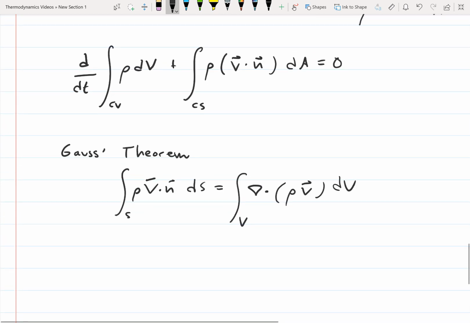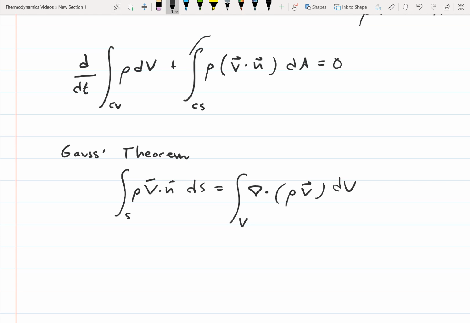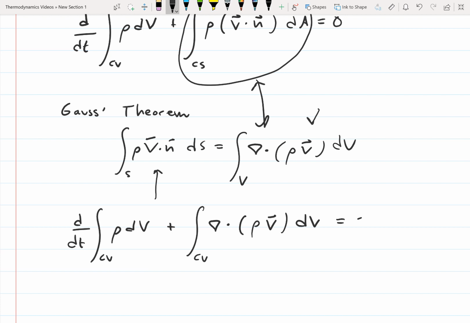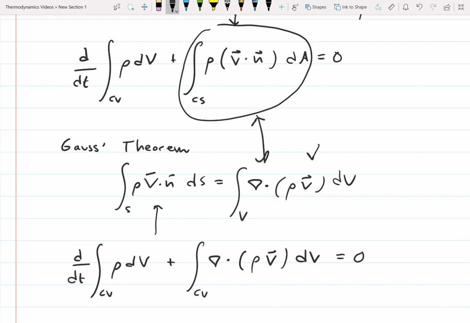So we can replace this term with this, because this term is basically this. If we do that, we get d/dt of the integral over the control volume of rho dV, plus the integral over the volume of the divergence of rho v dV, and this is still equal to 0. I forgot to write that on Gauss's theorem. So up here, this is still equal to 0.